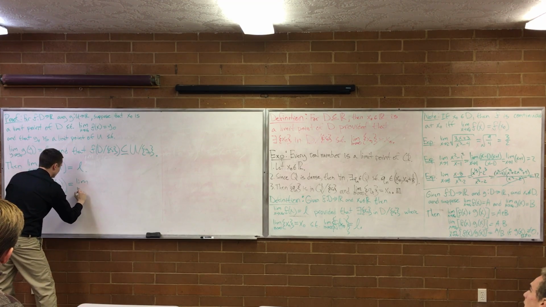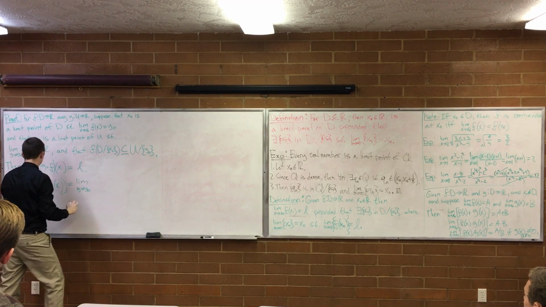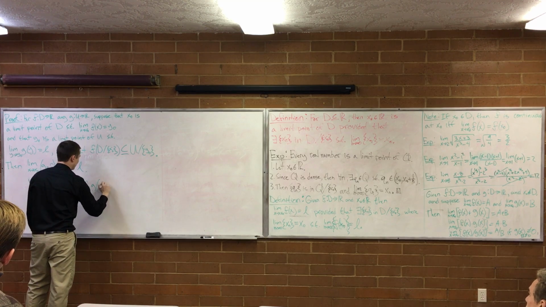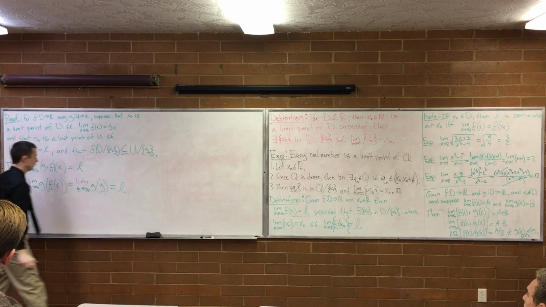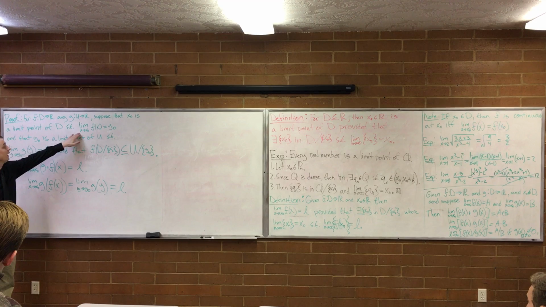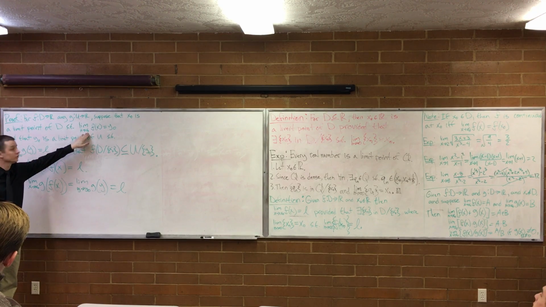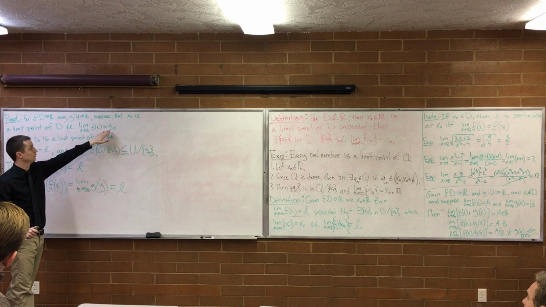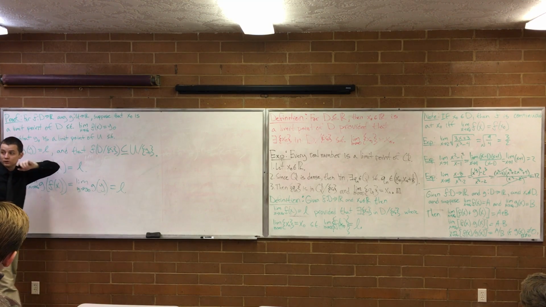So the limit as y goes to y naught of g of y is equal to L. Here's where I'm confused. F of x is equal to y naught, right? No, the limit as x approaches x naught of f of x is y naught.